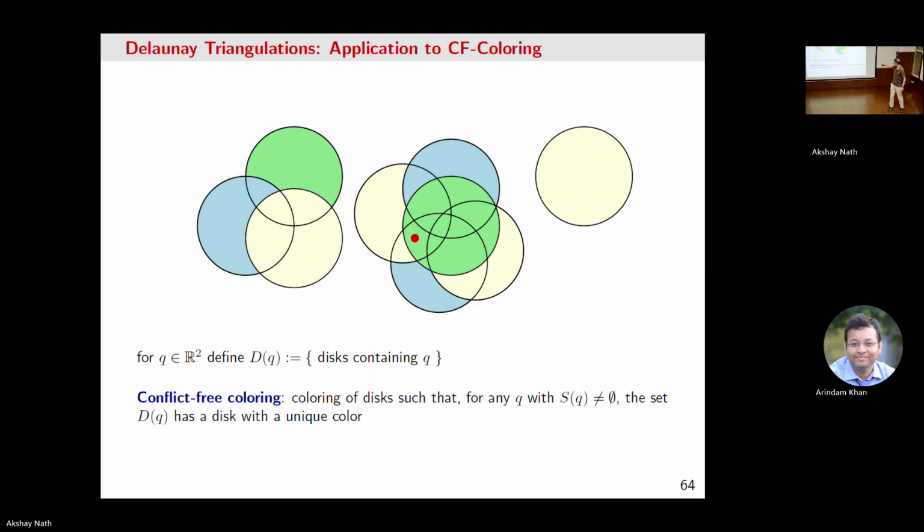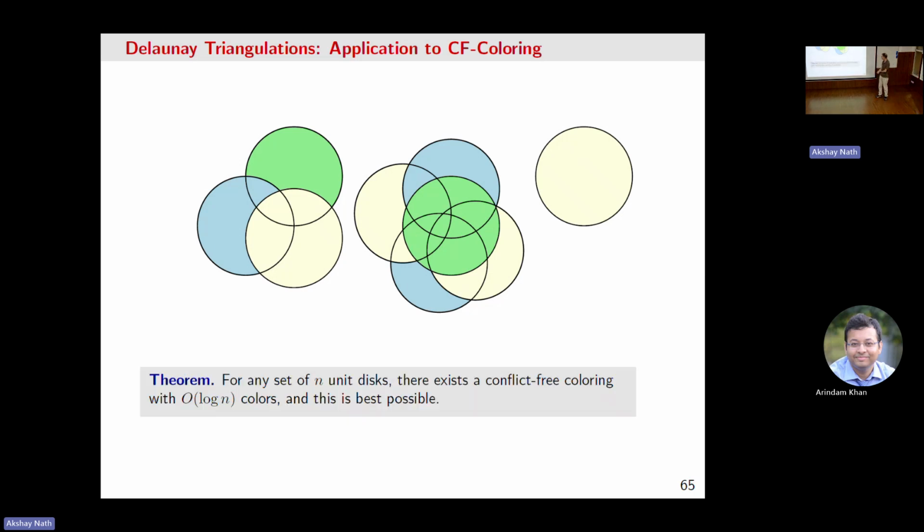If you look at this as a graph where the intersection points are the nodes and these are the regions, I could have n squared nodes, so not more than n squared regions. So there is hope, and indeed it turns out that we can do a lot better than n, namely log n.